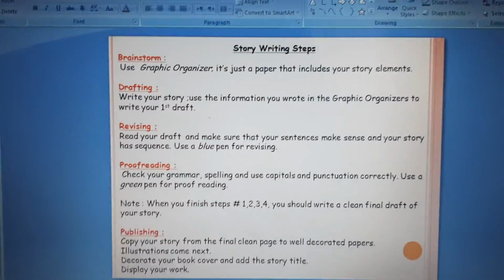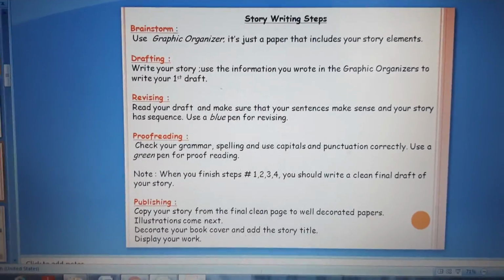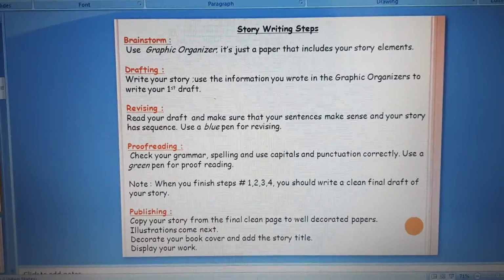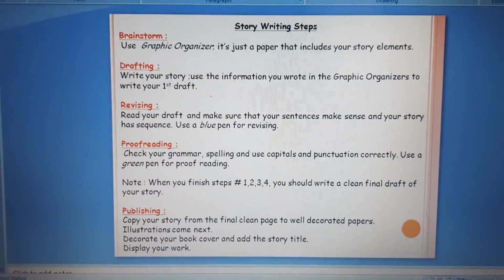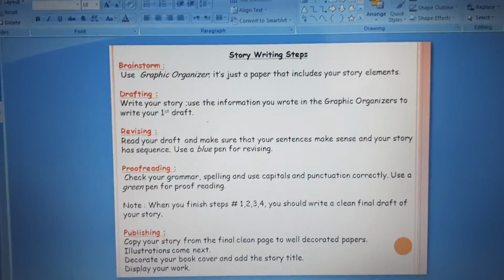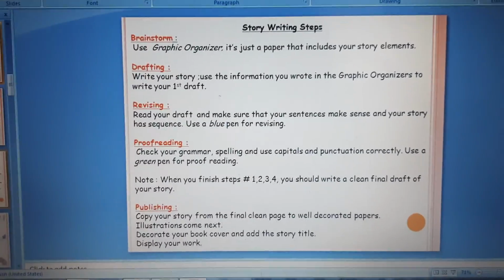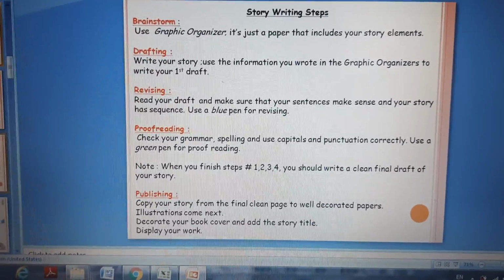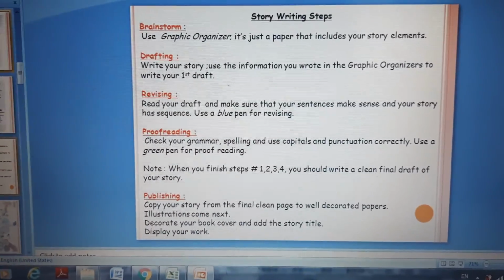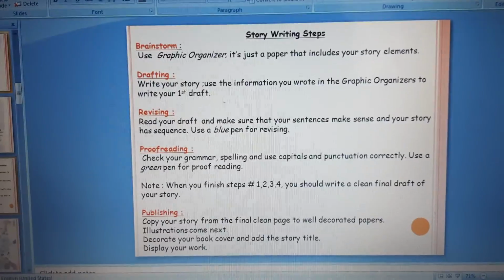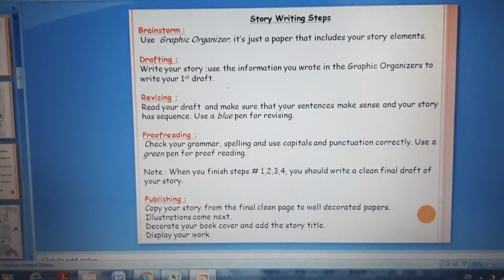Revising: read your draft and make sure that your sentences make sense and your story has sequence. Use a blue pen for revising. Proofreading: check your grammar, spelling, and use capitals and punctuation correctly. Use a green pen for proofreading.